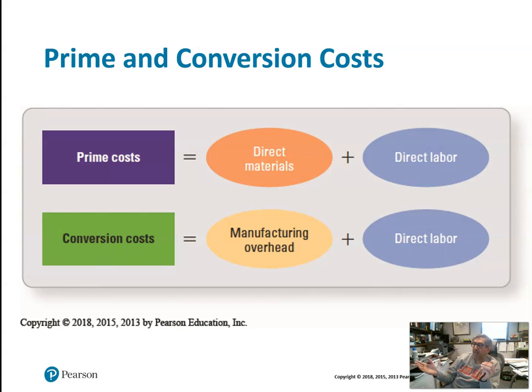Then we put together direct labor and this other category of indirect costs called manufacturing overhead. These two categories combined are the cost to convert a product from raw materials to the good that we ultimately sell, the finished good. So manufacturing overhead and direct labor combined, they are what are called conversion costs. So we have prime and conversion.